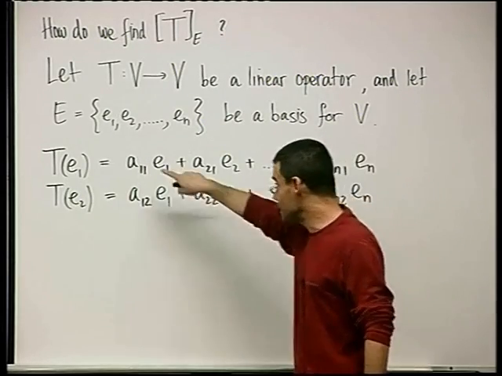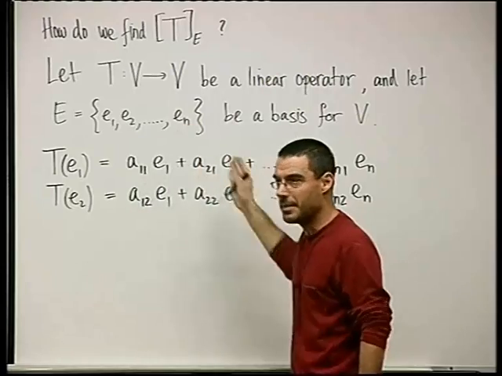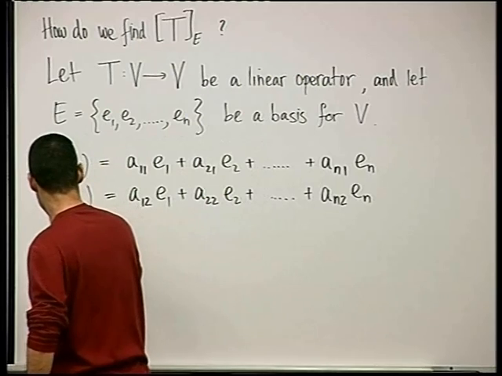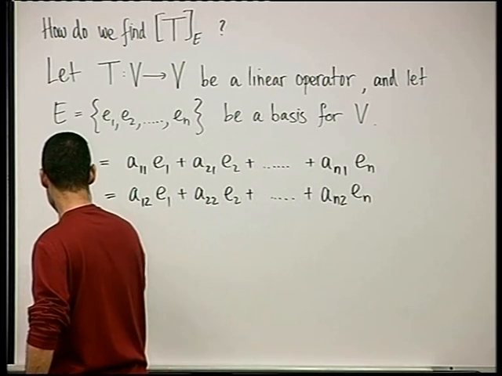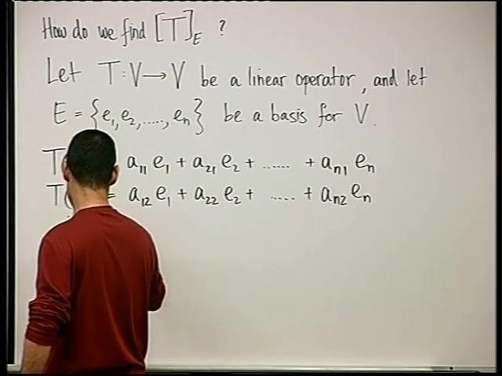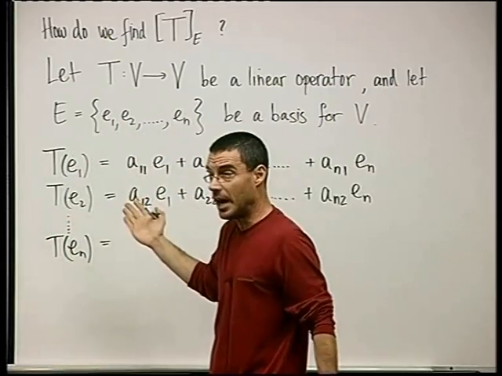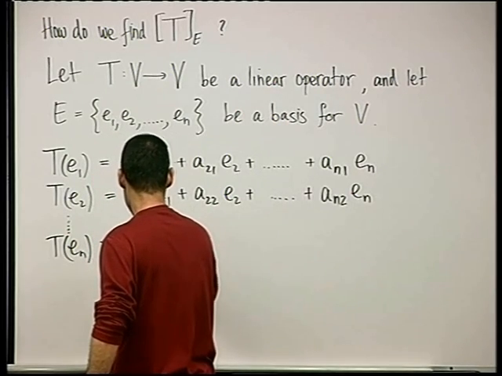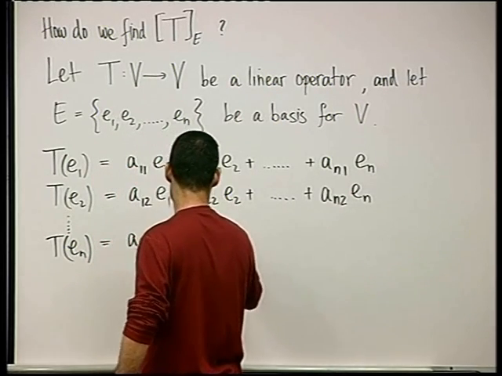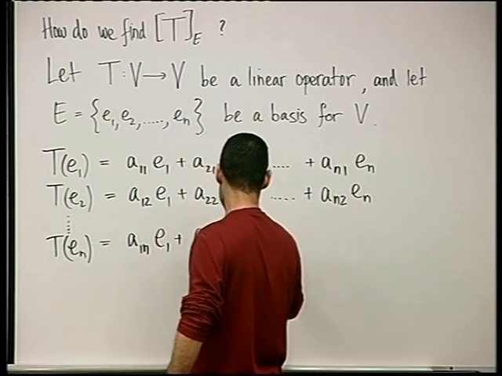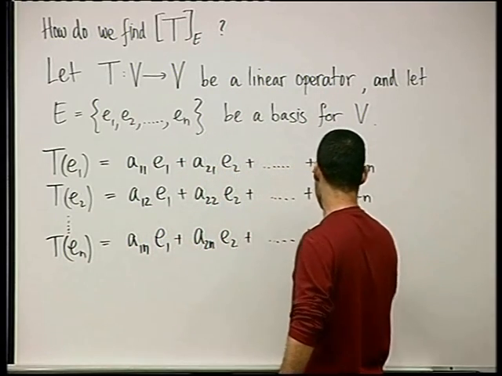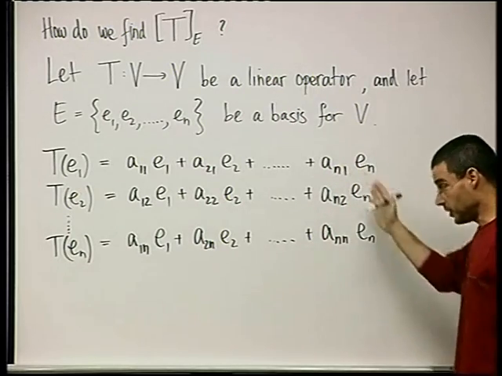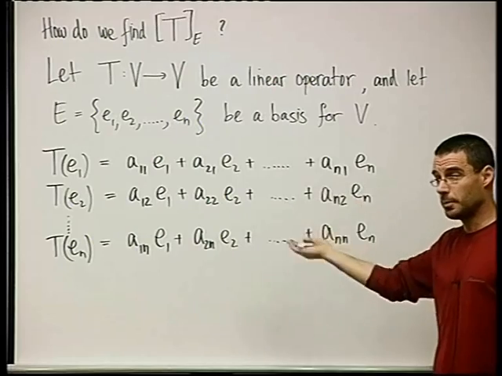And what I'm going to do is set them as columns of my matrix A. That's what we did. So let's say that T of En is again some linear combination of these guys. I'm going to call it A1N E1 plus A2N E2 plus dot dot dot ANN EN. It's a square matrix because we're working from a vector space to itself.